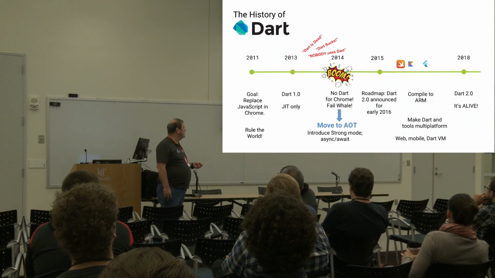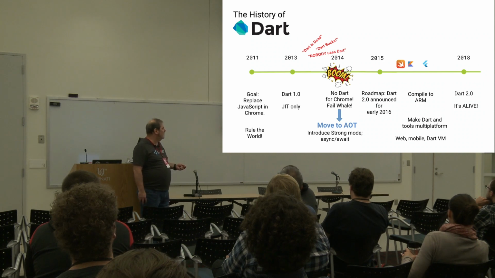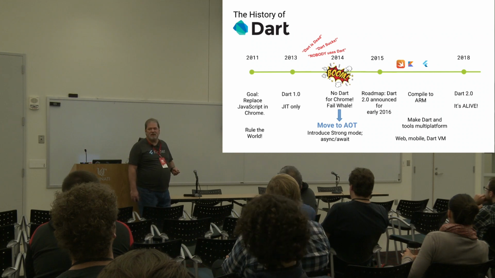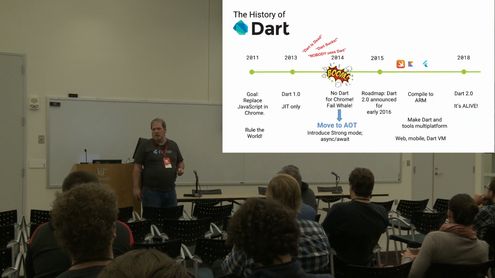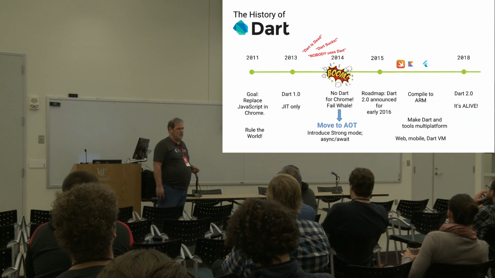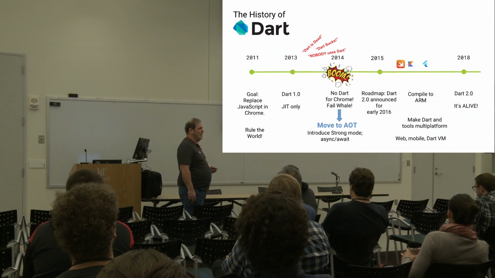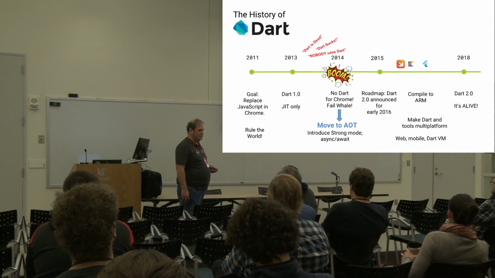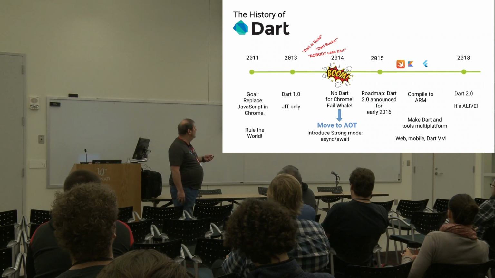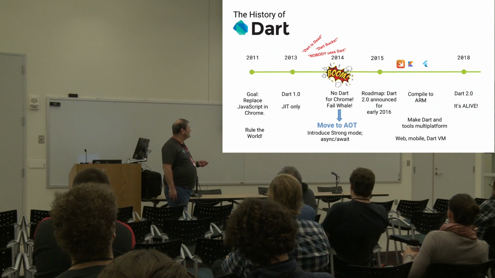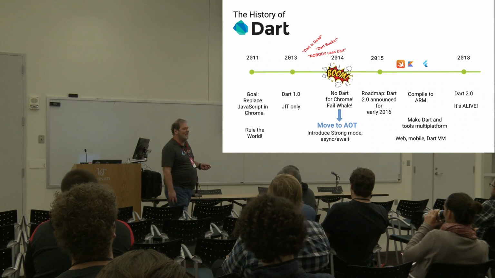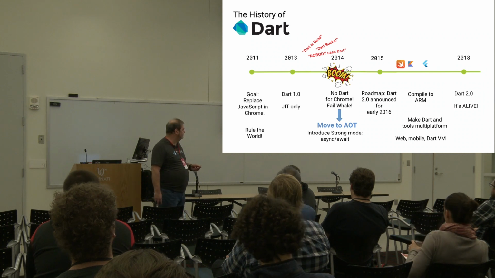So they did a shift. They pivoted to ahead of time compilation, strong mode, async, and await. Strong mode is something that existed in Dart 1. It went away. Dart 2 is strongly typed, period, full stop. Okay. 2015 roadmap announced Dart 2 for early 2016. Yeah, that didn't work out.